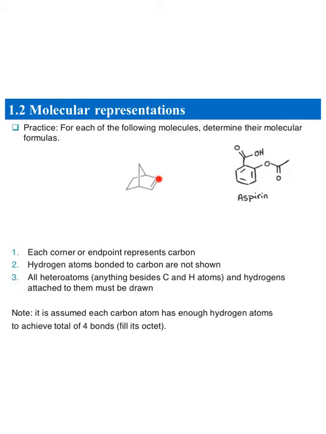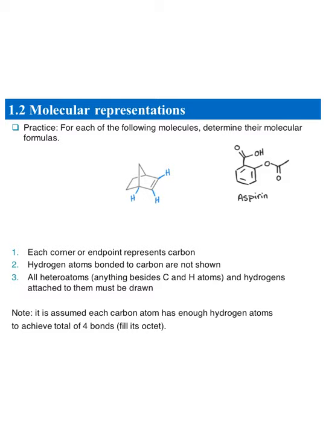So this carbon right here, it has 1, 2, 3 bonds. Therefore, there is 1 hydrogen attached to it. This carbon, it has 1, 2, 3 bonds. Therefore, the 4th bond is a hydrogen. This carbon, it has 1, 2, 3 bonds. The 4th one is hydrogen.